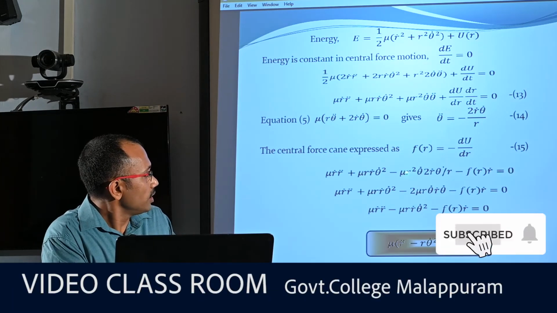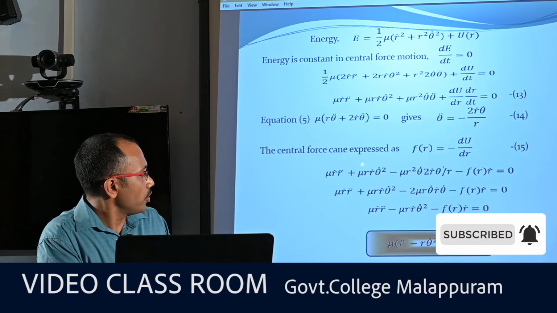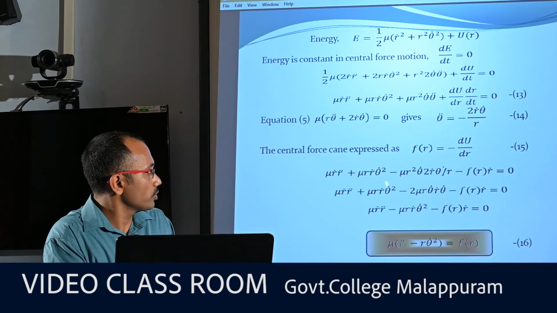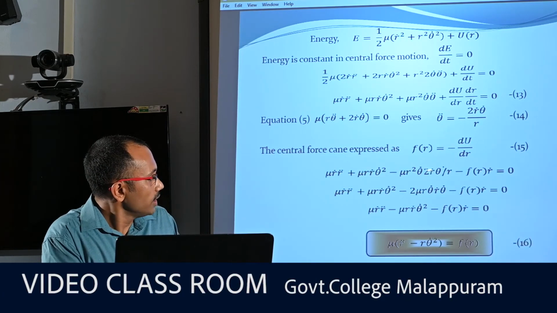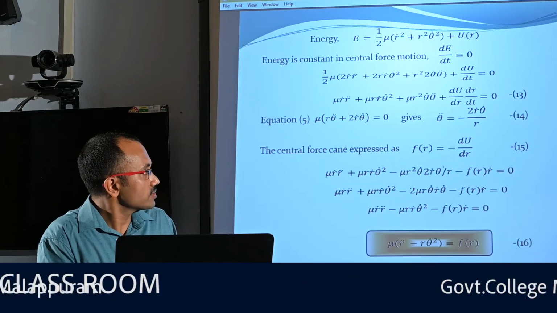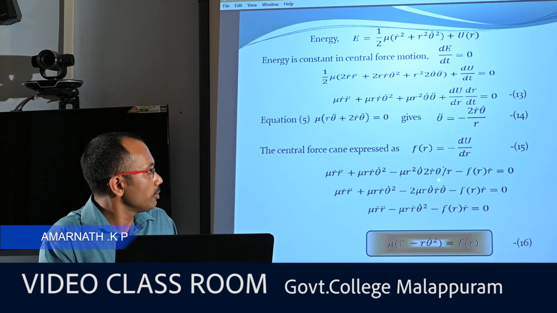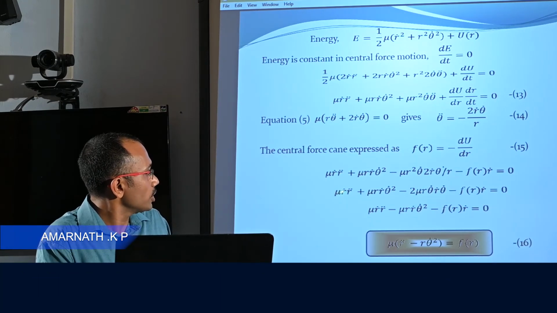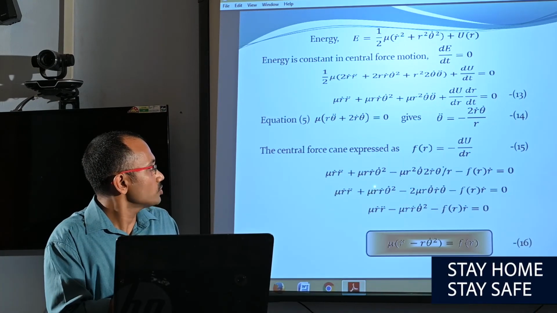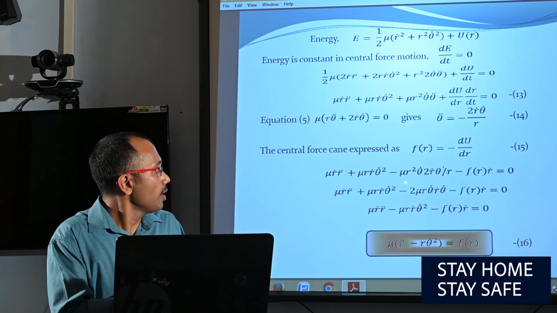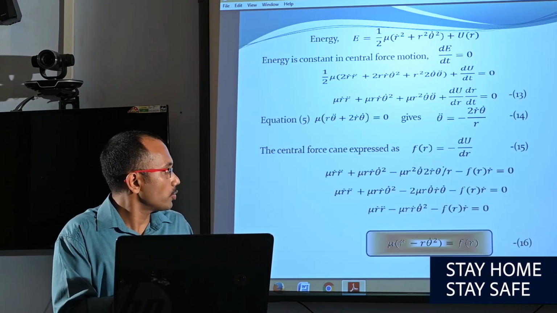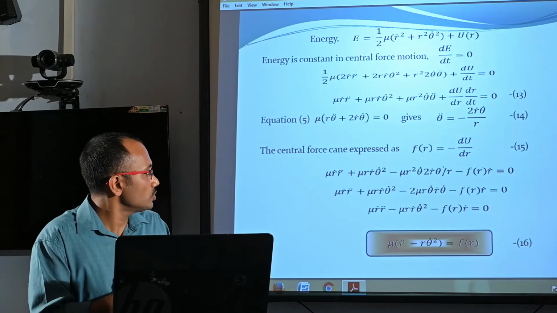So, it is mu r dot r double dot plus mu r dot theta dot square minus 2 mu r dot theta dot square minus f of r r dot equal to 0. Here the r square, one r cancels, the 2 comes out, and theta dot into theta dot becomes theta dot square.